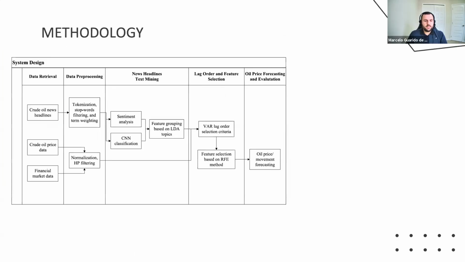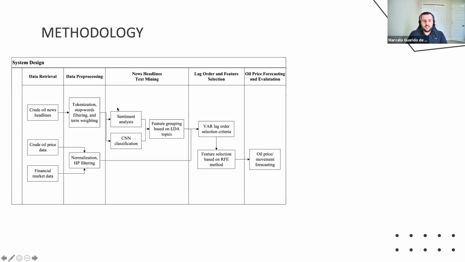So in their methodology, this top part here is all a natural language processing step where they get those news from the internet. They do data processing where they separate words by tokenization, do some filtering, removing stop words, and term weighting, which determines which words are more important.